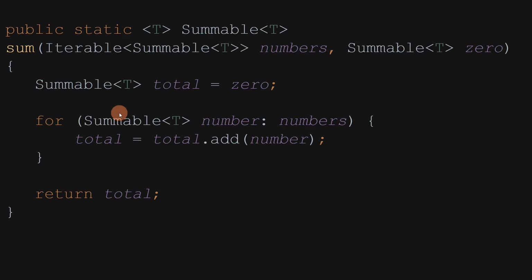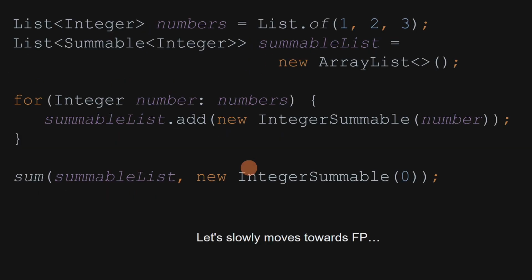So here I start the accumulator with zero, the total of zero, and then for each Summable, I will apply the sum operation, which now is completely generic, and return the total, which I'm defining as a Summable of T as well. So let's see an example of this working. Let's say I have a list of integers, and I want to sum this list by passing it to my new generic sum method.